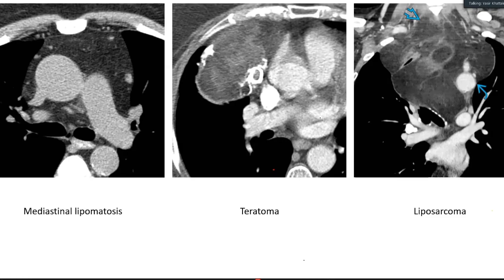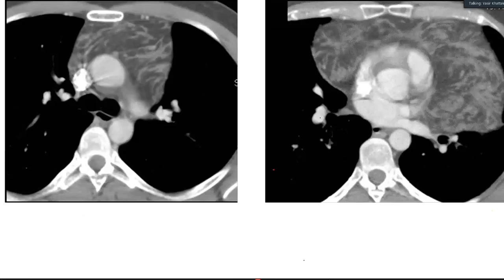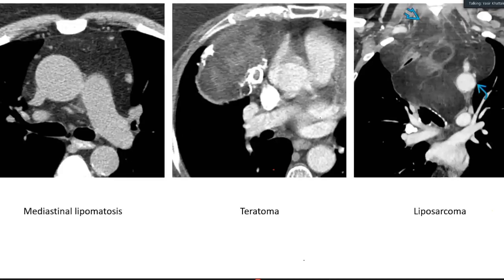The Morgagni hernia can also be an anterior mediastinal mass. So these are the differentials on the basis of that particular CT appearance. On the basis of the X-ray appearance, you will consider this number one, pericardial effusion. But if you have a lateral view, then you consider mediastinal mass. Ebstein's anomaly is one condition.